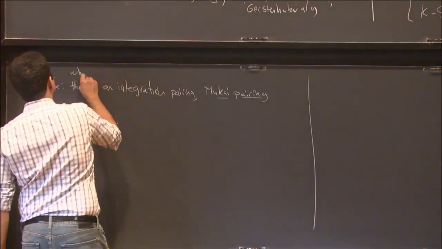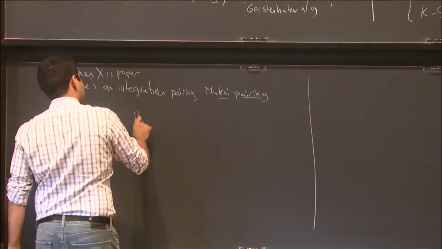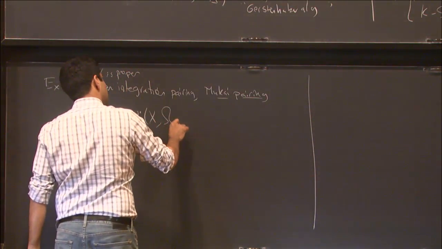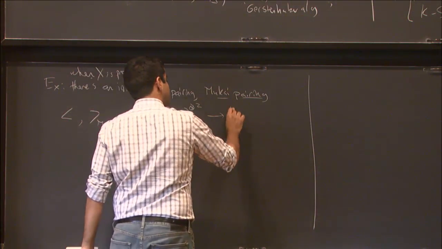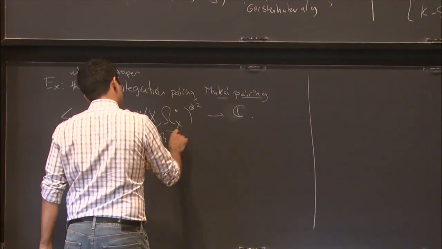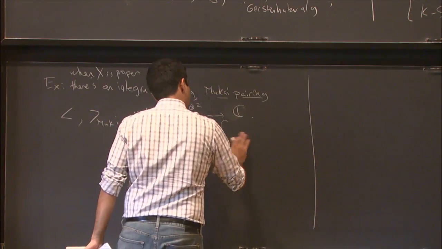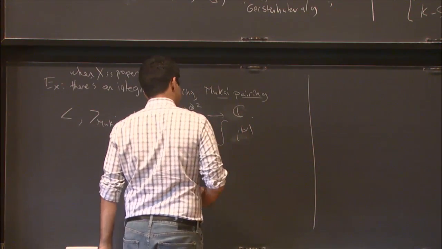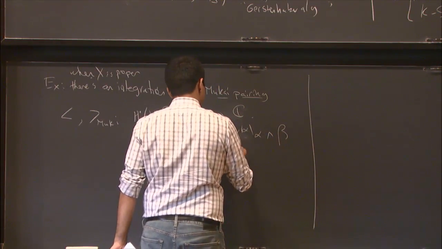So when X is proper, there's an integration pairing on the cohomology of differential forms. That's simply, up to some constant factor, wedges a pair of forms and integrates.